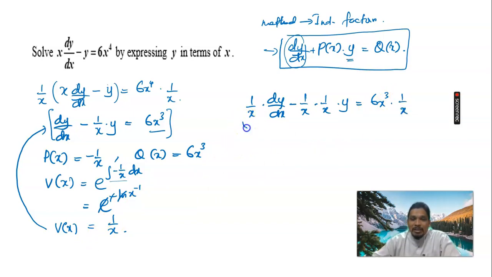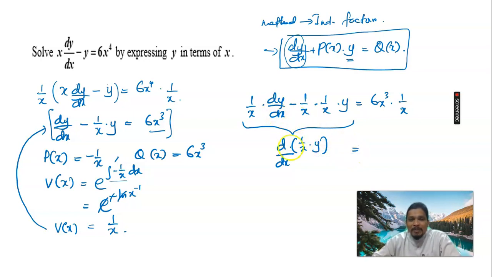Class, actually this is the result of the derivative of v(x) times y, which is 1 over x multiplied with y.